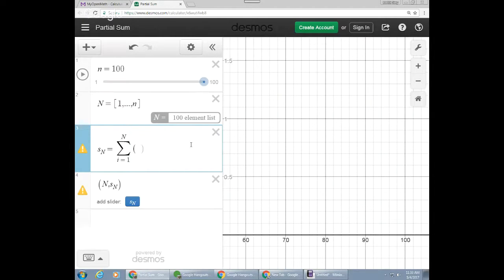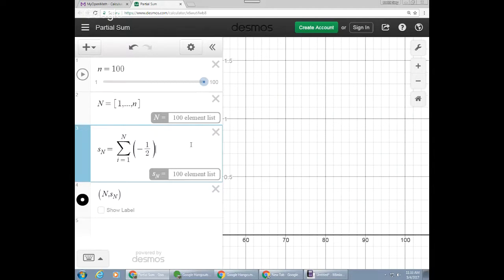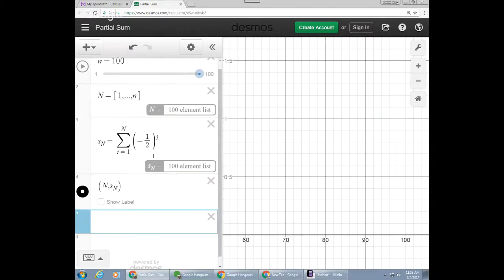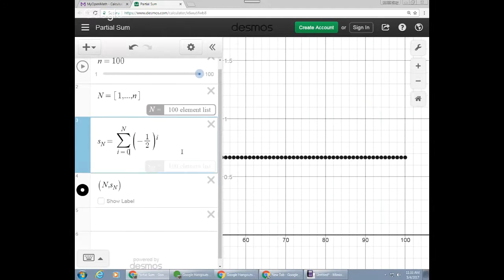Parentheses, -1 over 2 raised to the power i, and I want to start this at 0. Ah, there it is. Where is it heading? It says I'm heading to 0.6667-ish. Looks like 2/3 to me. Yeah, and it heads there relatively rapidly.